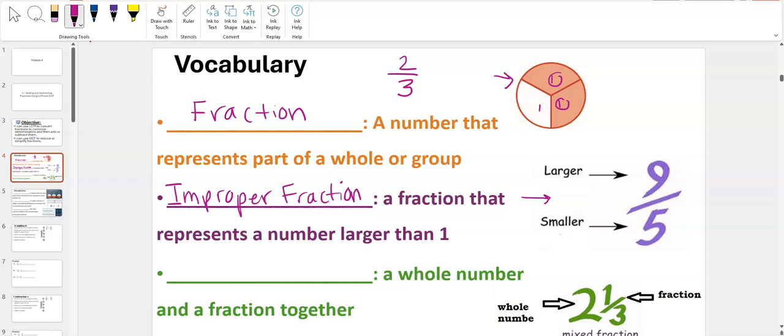So I know it's bigger than 1. Down here, we've got a whole number and a fraction mixed together, and that's going to be a mixed number. So that is similar to an improper fraction, and we can change these into each other, except that we're identifying how many wholes we have and how many leftover fractional pieces there are.